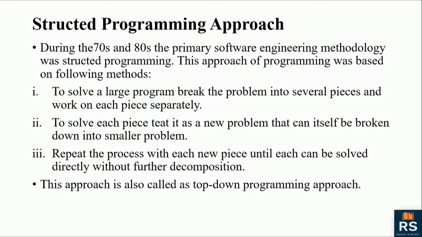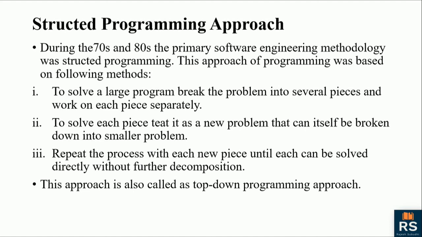So after the algorithm and flowchart, let us see what the structured programming approach is. During the 70s and 80s, the primary software engineering methodology was structured programming. This approach of programming was based on the following methods. The first method is to solve a large problem, break that particular problem into several pieces and work on each piece separately.